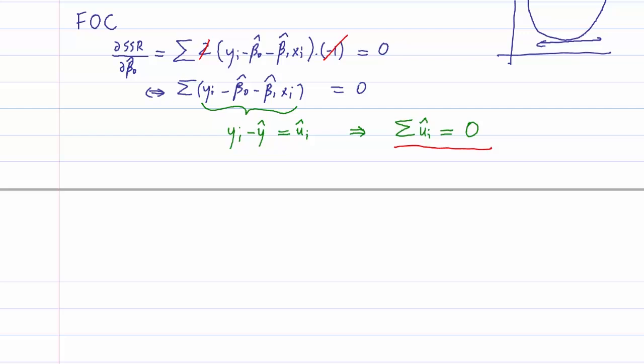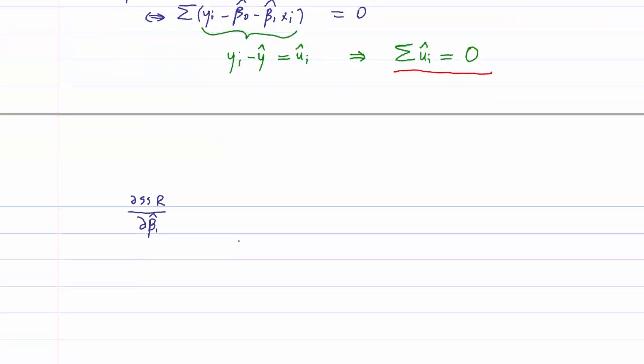Now we have the second first order condition, d SSR over d beta 1 hat, which is equal to, let me rewrite the minimization problem. The sum of yi minus beta 0 hat minus beta 1 hat xi, squared.